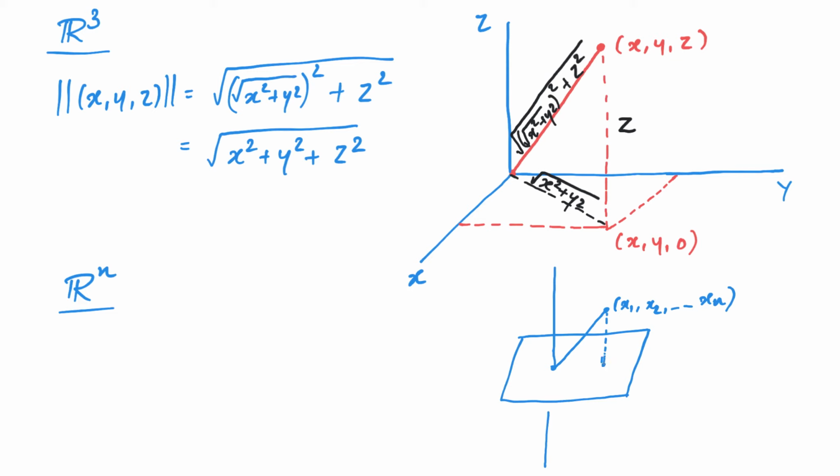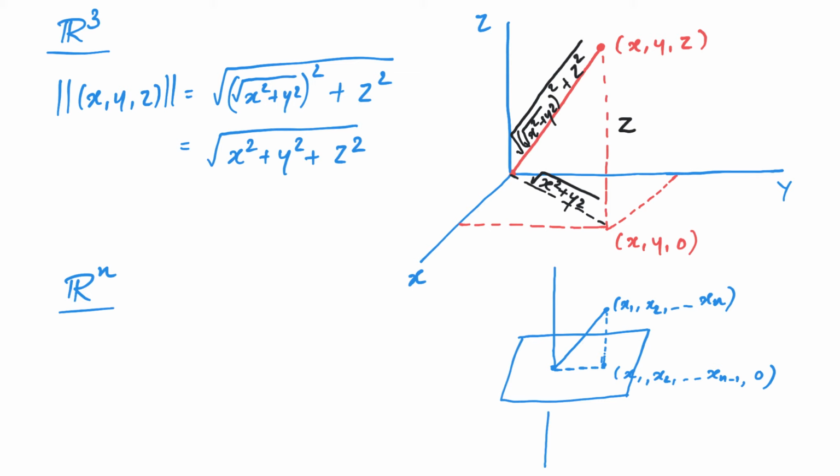When you project it to Rn minus 1, you get the point x1 comma x2 comma etc. up to xn minus 1 comma 0. Thus, it is enough to find the length of this side. Once we find the length of this side, then we can apply Pythagoras theorem on this right angle triangle. But the length of this side is already known because we have understood norm on Rn minus 1.